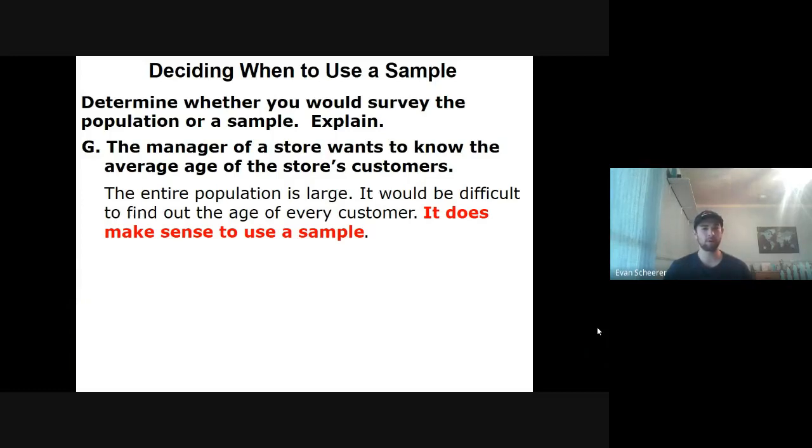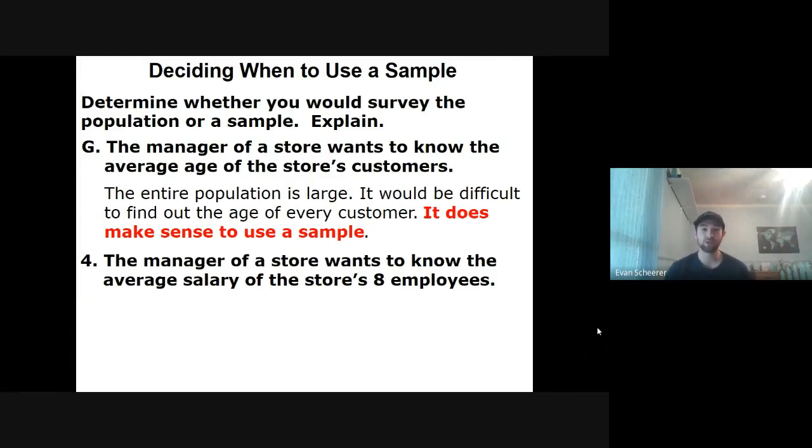If you go to a Walmart, maybe not right now because of social distancing, but probably right now, there are so many people in the store. You cannot ask the age of every single person. First of all, that's rude, and second of all, it's just too much. So it makes sense to use a sample here, right? So we would want to use a sample.